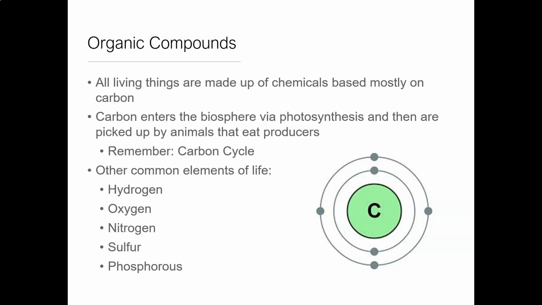Carbon's going to enter the biosphere via photosynthesis by turning carbon dioxide into glucose, and then we sort of wrap that up the food chain, and the animals eat those producers. Those animals then go through cellular respiration to turn that glucose back into carbon dioxide, and the cycle kind of continues from there. When we talk about organic compounds, we're really talking about carbon-based molecules.